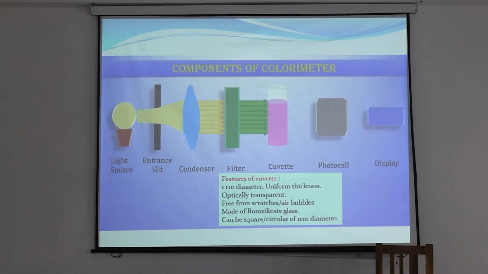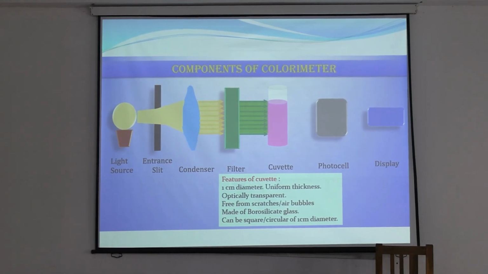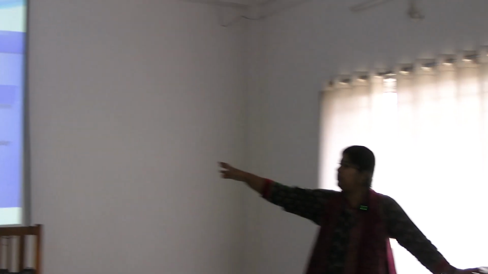Okay, monochromatic means only one specific wavelength, color wavelength, and they should be parallel. So here we have made them parallel by a condenser. Now we will make it monochromatic, or we will filter all the other wavelengths and will pass only a specific wavelength. That's why the filter is used.